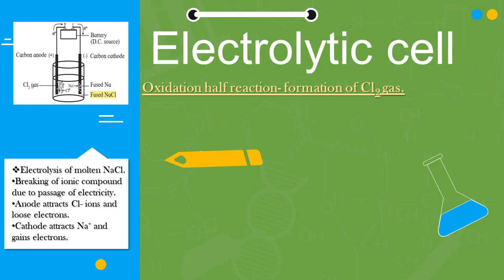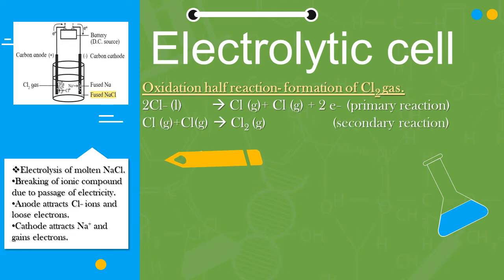Oxidation half reaction. In the oxidation half reaction, Cl2 gas is formed. As Cl- ions get attracted to the anode, each Cl- ion will give one electron. That is, the anode will form electrons. So each Cl- ion will get converted into a Cl atom with loss of an electron. This is the primary reaction.